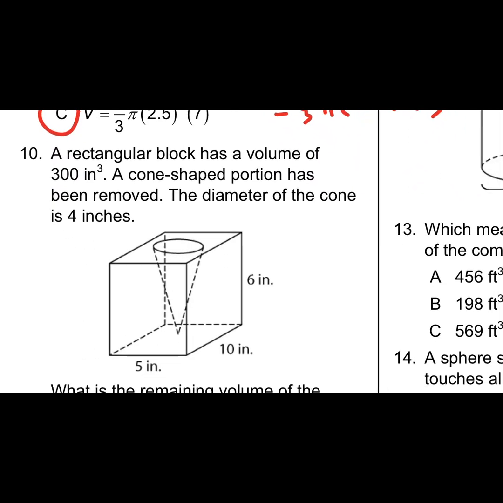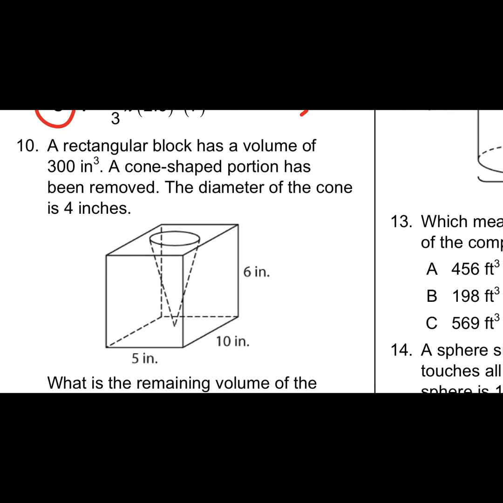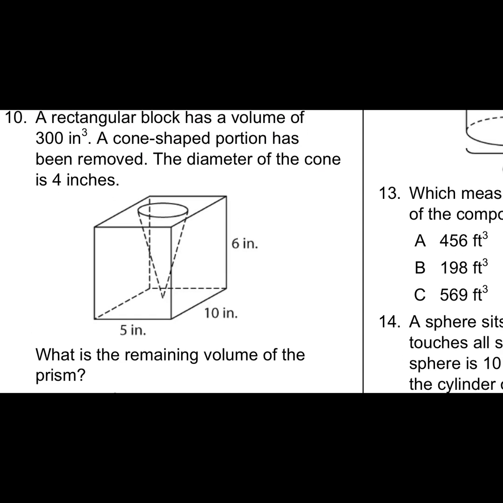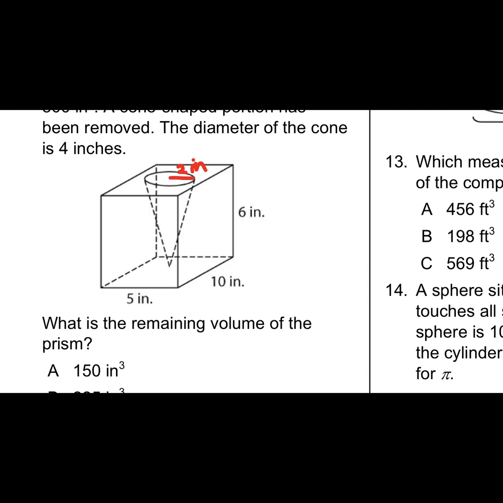Number 10. A rectangular block has a volume of 300 cubic inches. A cone-shaped portion has been removed. The diameter of the cone is 4 inches. So it's telling you the diameter of the cone is 4, which means the radius is 2 inches. That's the first thing I'm going to make a note of. What's the remaining volume of the prism?